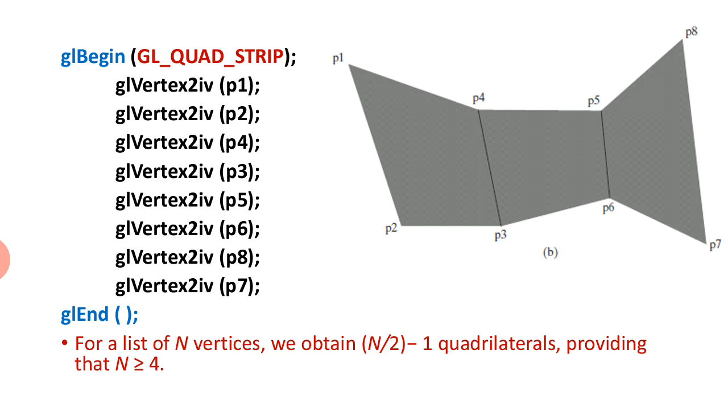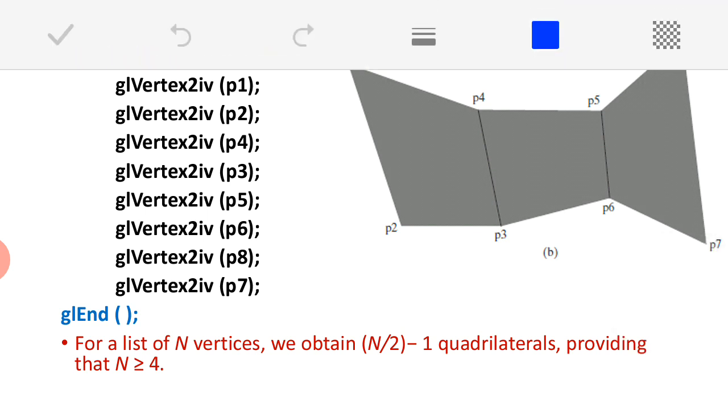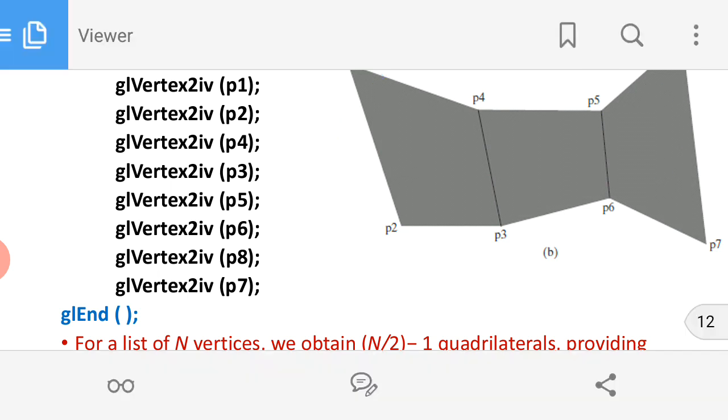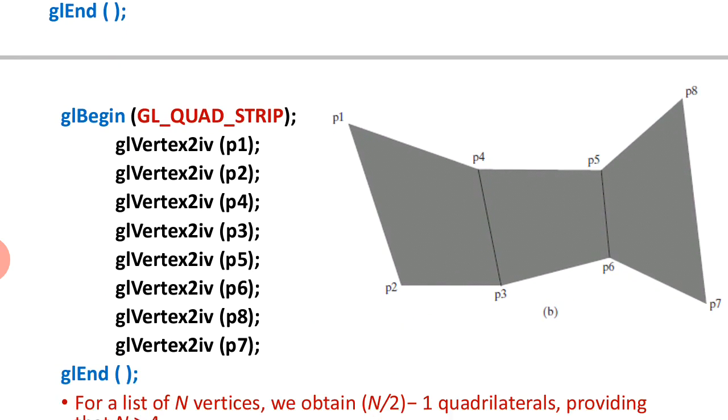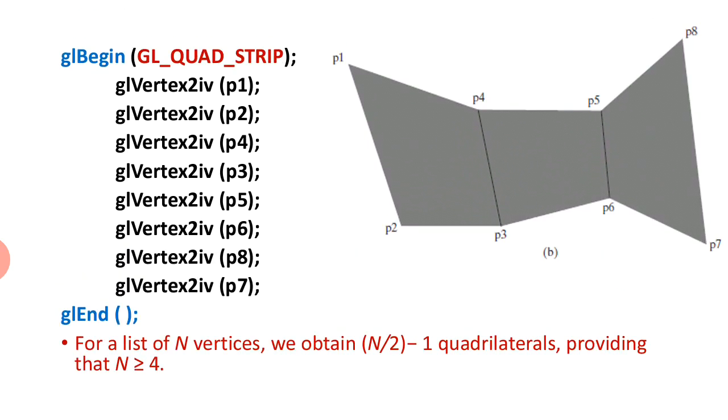So like this, if you go on writing a pair of 2 vertices in glBegin and glEnd, it will go on creating quadrilaterals. If you make a circular path, you will get something like a cylinder and similar things that you can create using this primitive. That is GL_QUAD_STRIP.